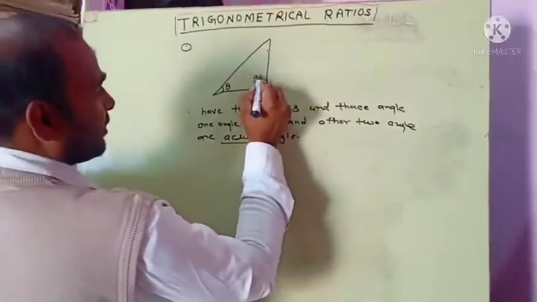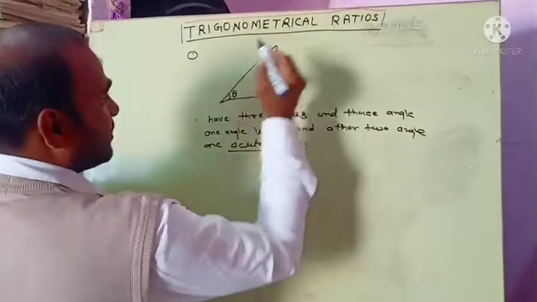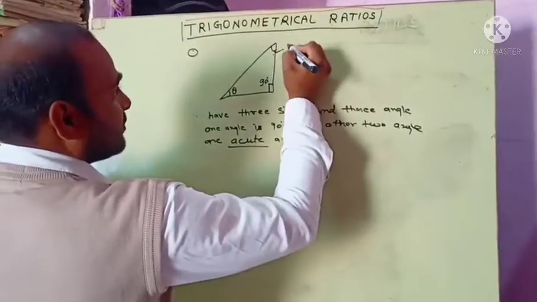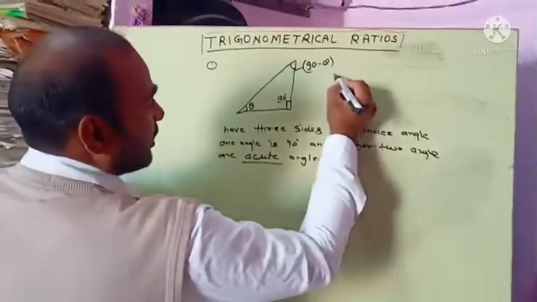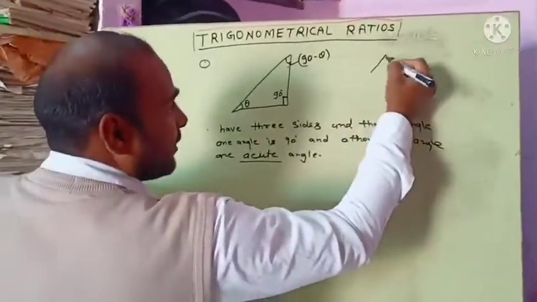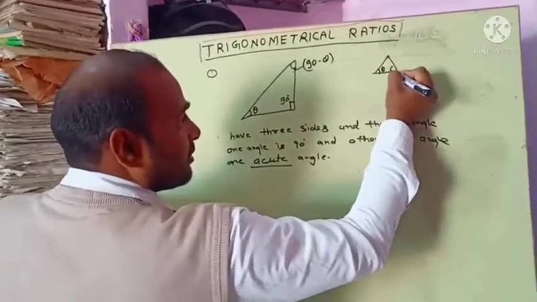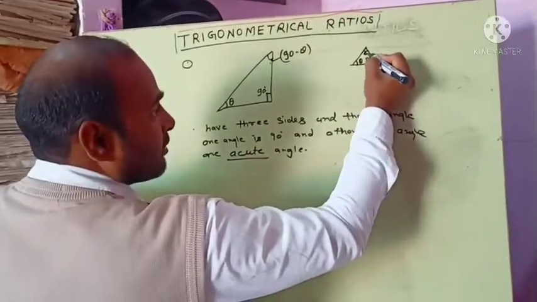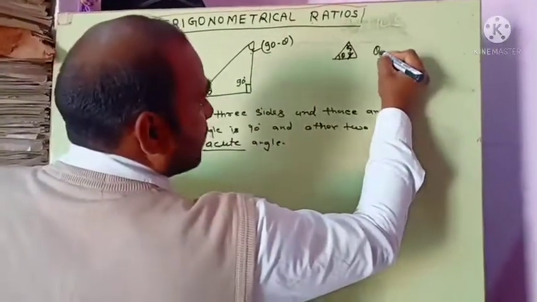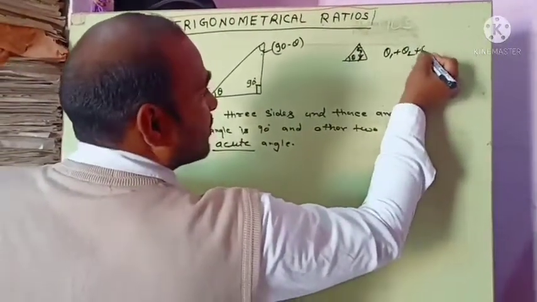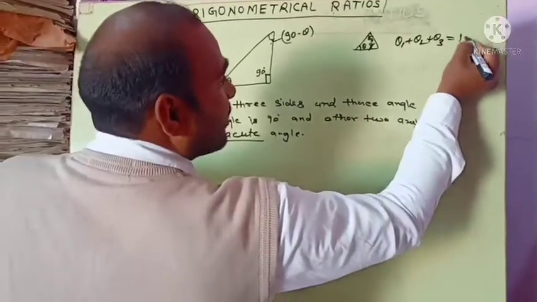This is 90 degrees, this is theta, then this angle is 90 minus theta, because any triangle with angles theta 1, theta 2, theta 3 has theta 1 plus theta 2 plus theta 3 equal to 180 degrees.